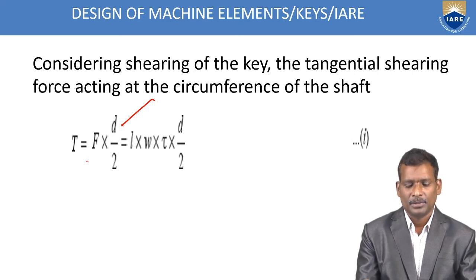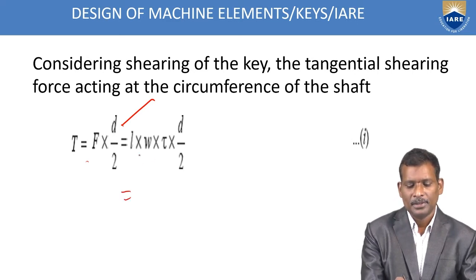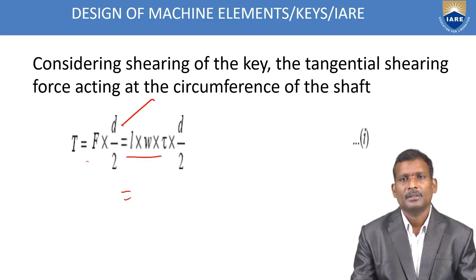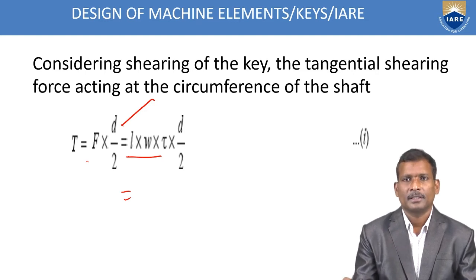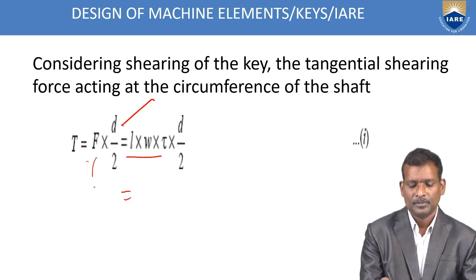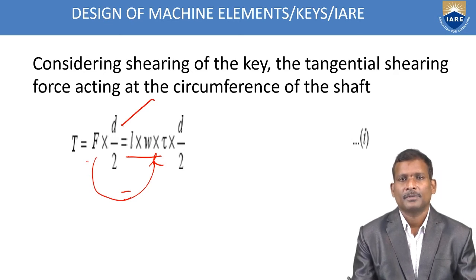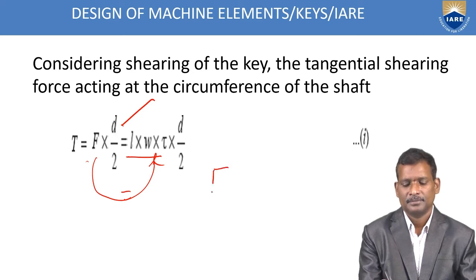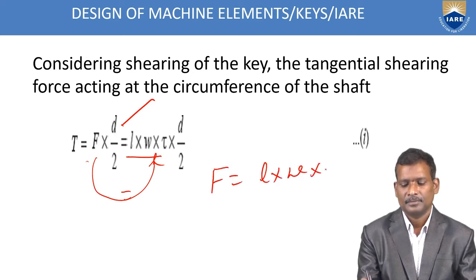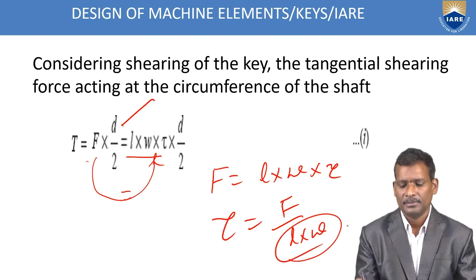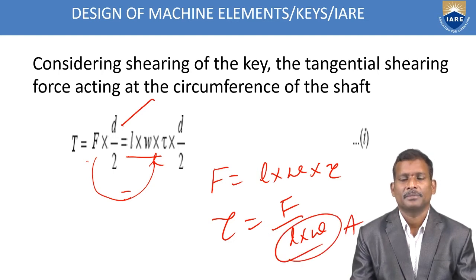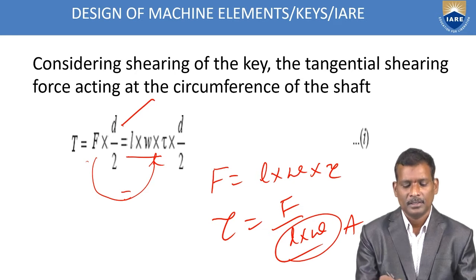That is equal to L into W into tau multiplied with d by 2. How do you calculate this force? It is a shear force, that is, area multiplied with shear stress. Shear stress is equal to force per L into W, where L into W is the cross-sectional area of the key. So you get that torque equation.